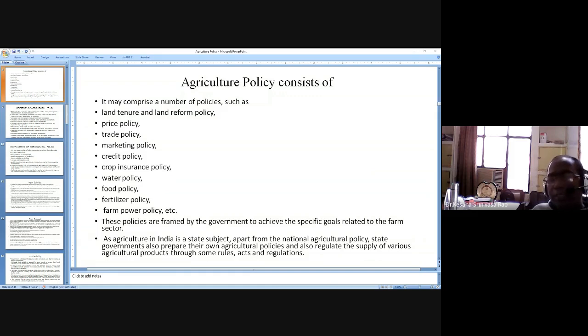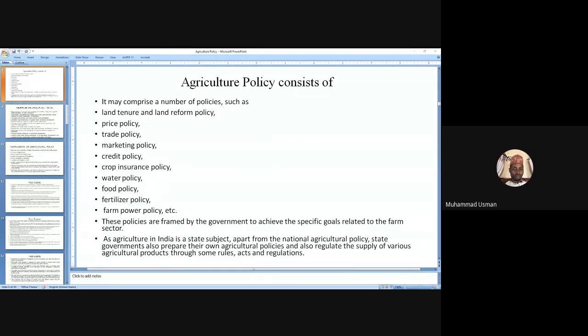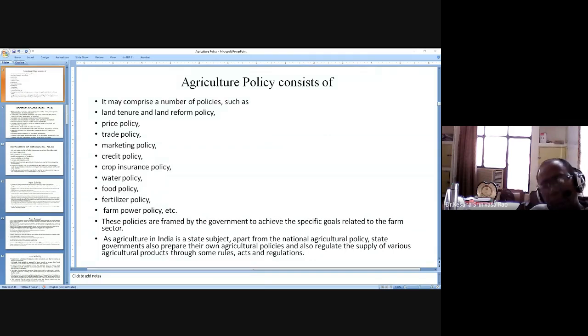Then the water policy. As you know very well, water is one of the important components of agriculture. Without water, there is no agriculture. That is why the water irrigation policy is also one of the important components in the agriculture sector, because without irrigation facilities, food grains are not in a position to grow much.